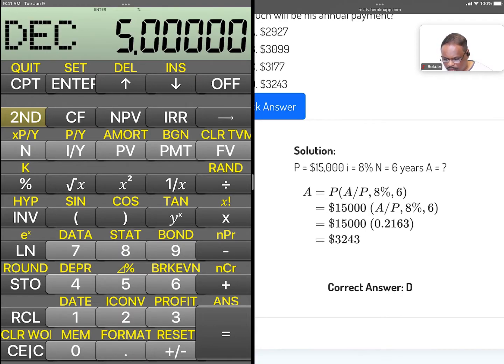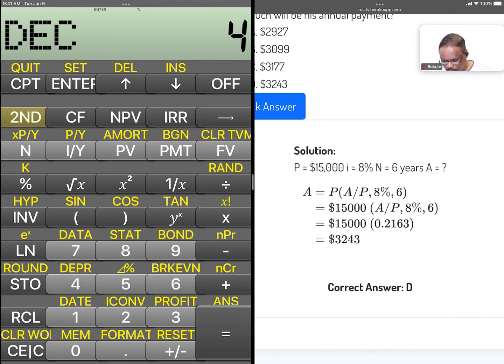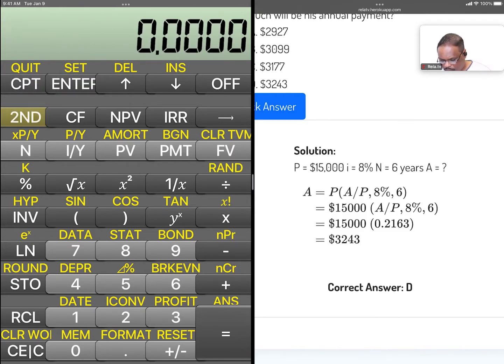Currently it shows 5 digits after the decimal point. Let me make it, let's say, 4. Then I click enter, and that's all. Then second quit or second off, either way.